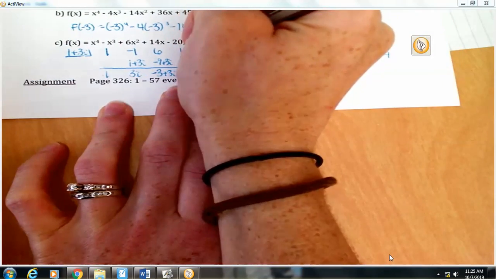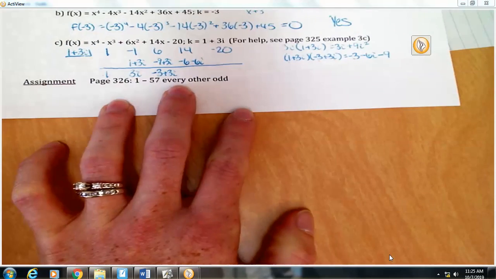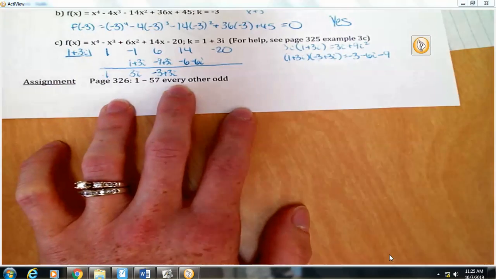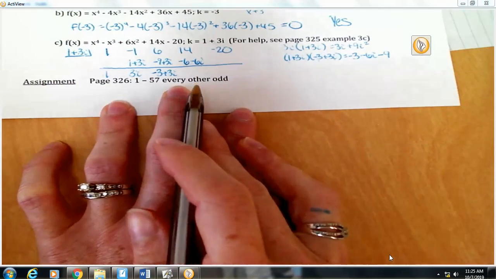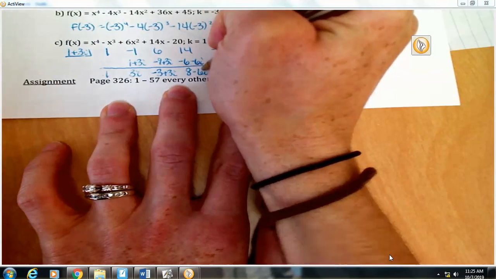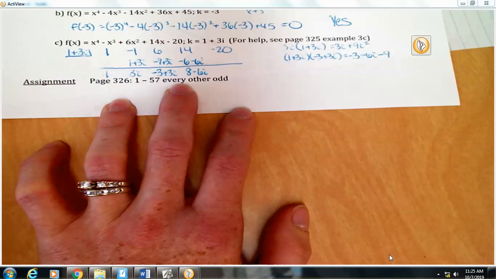So that gives me a negative 6 minus 6i. Is everybody with me still? We need to add. You can only add like terms, so 14 and negative 6 is 8. So we have 8 minus 6i.